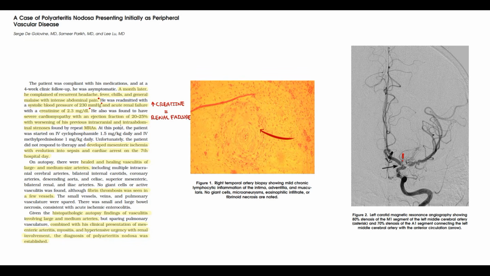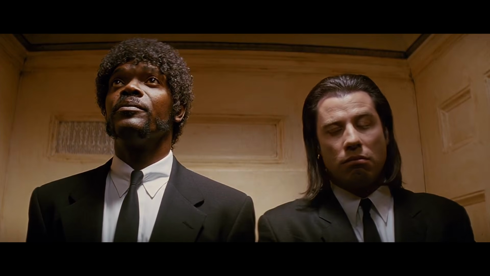The metric system. Also, he has cardiomyopathy and progressive worsening of stenosis in previously affected arteries. In the end, he developed mesenteric ischemia with evolution into sepsis and cardiac arrest, and unfortunately, he died on the 7th hospital day.